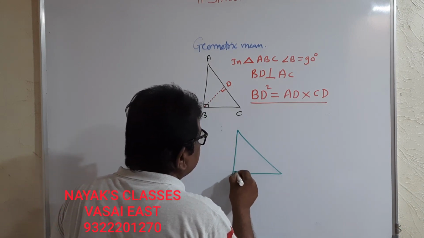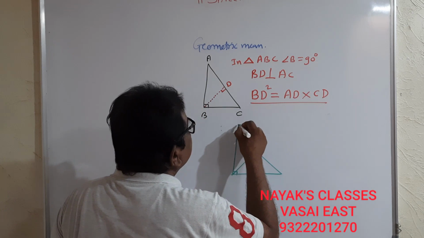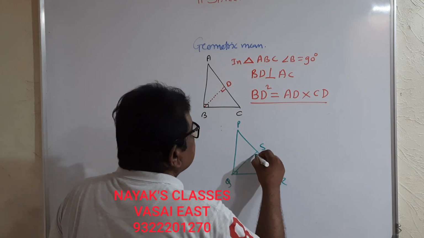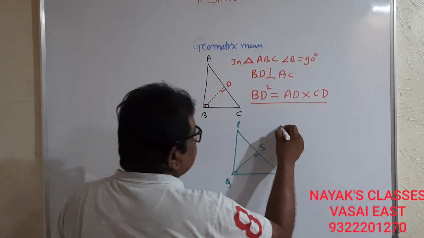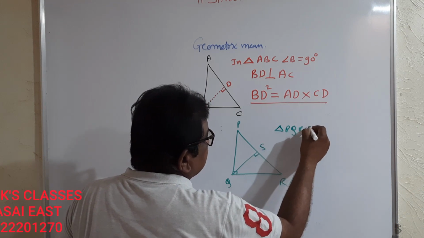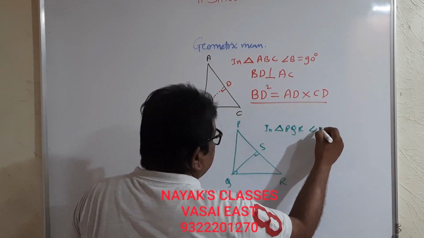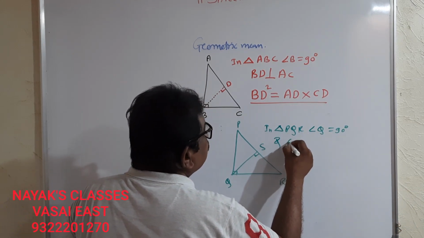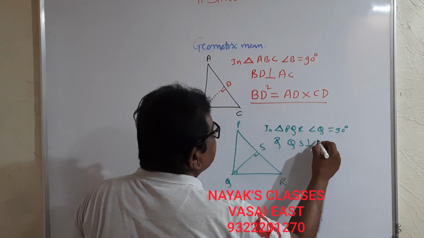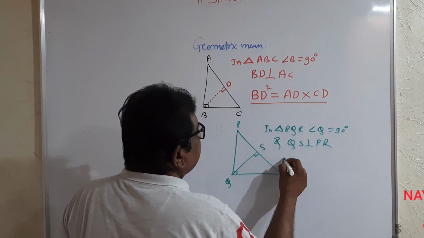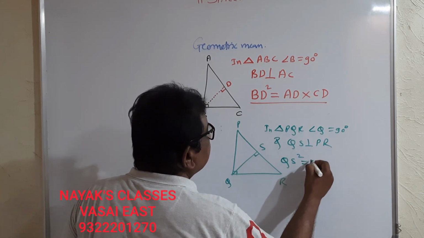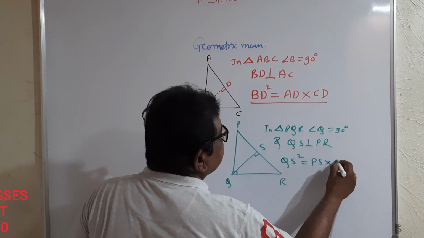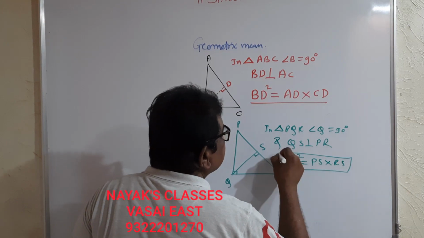Suppose this is a right angle triangle PQR with a perpendicular QS. In triangle PQR, angle Q is equal to 90 degrees and QS is perpendicular to the hypotenuse PR. Then we can write QS square is equal to PS into SR, or RS, whichever; both are the same.